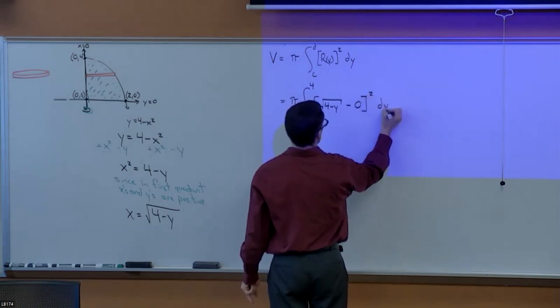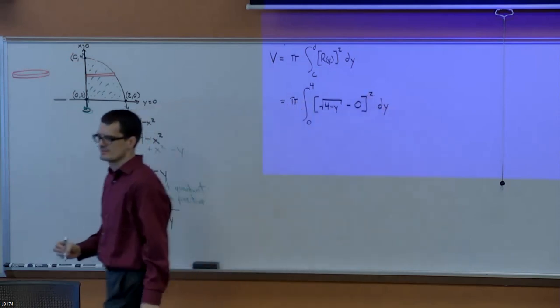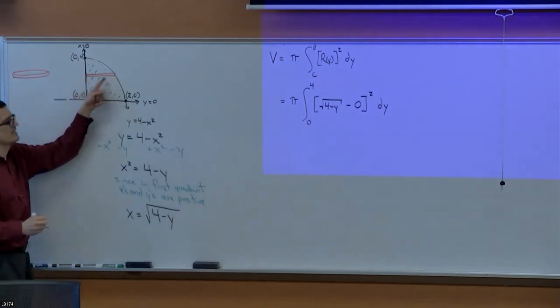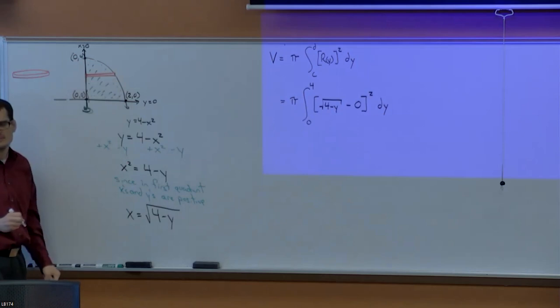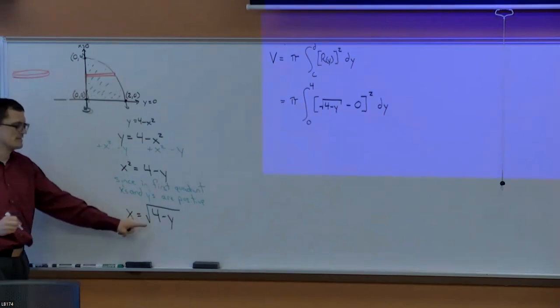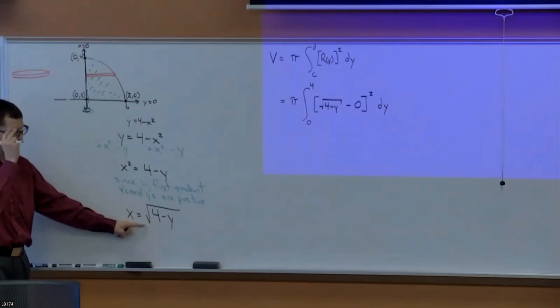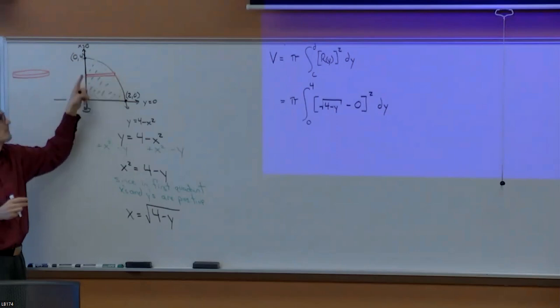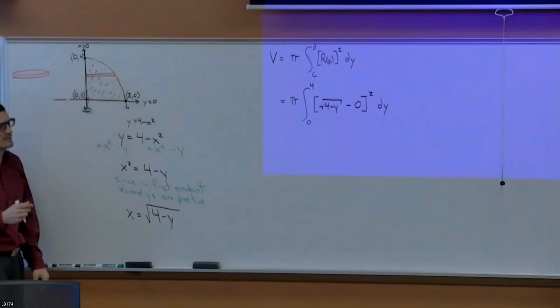And then that's my radius, we're going to square. I keep drawing a rectangle just so we see the top and bottom. The curve gives me the outside bound and then where I'm rotating.